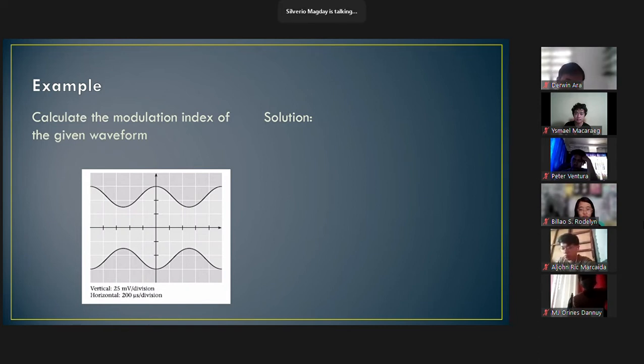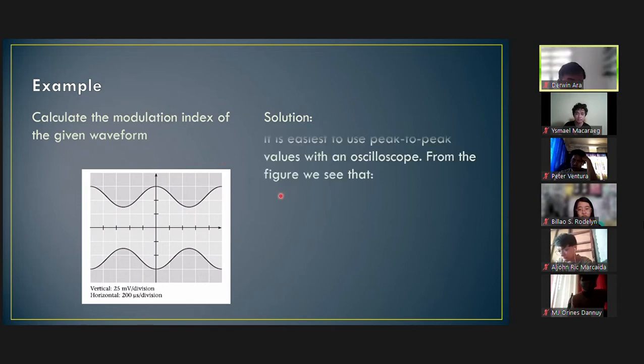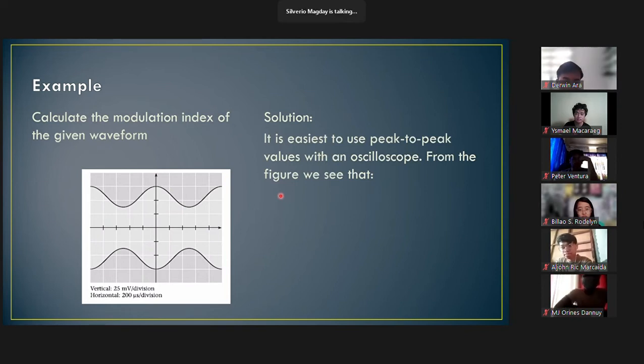Pag ganito, ano dapat? Is it peak only or the peak to peak? It's easiest to use yung peak to peak values with the oscilloscope. From the figure we can see, ayan. Ano yung Emax?